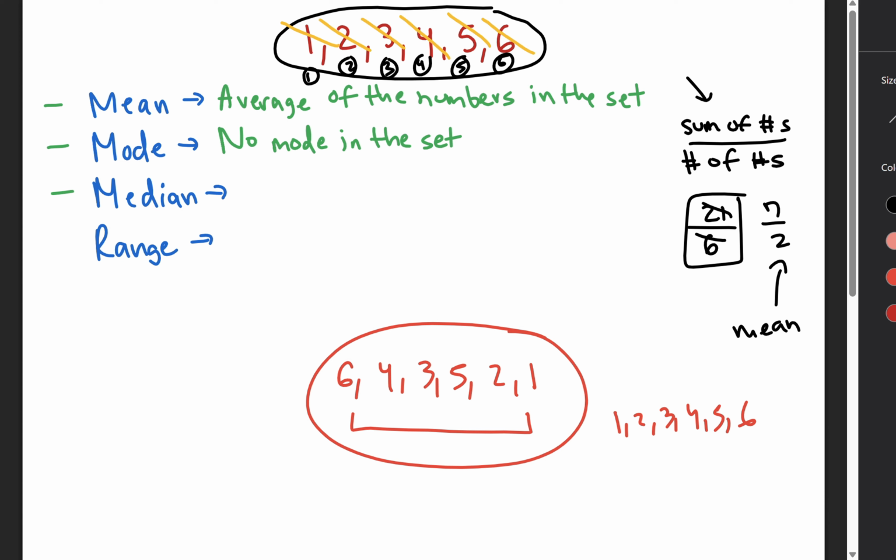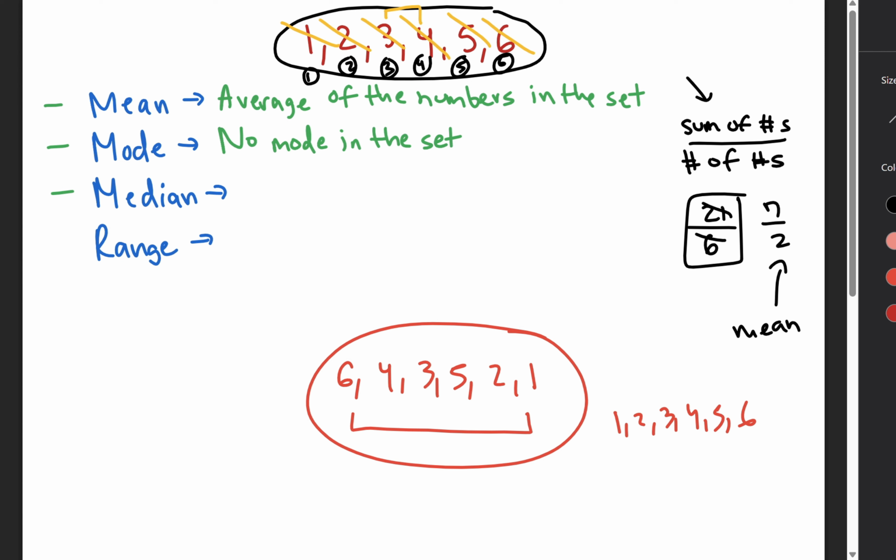That's weird. We don't have a number in the middle. This will happen every time you have an even number of numbers in your set. What you basically have to do is find the average between the two numbers closest to the center. Find the mean of the numbers closest to the center.